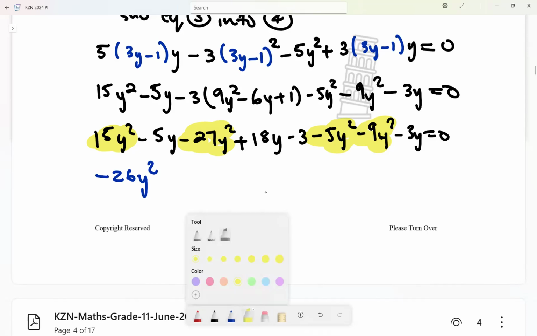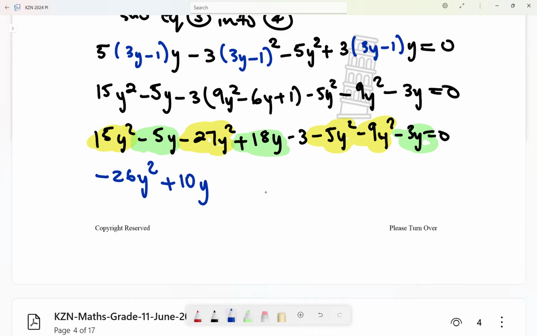Then I come back to the other ones, the y's. The negative 5y plus 18y, you take with the sign, so it is positive 13y, minus this it is plus 10y.